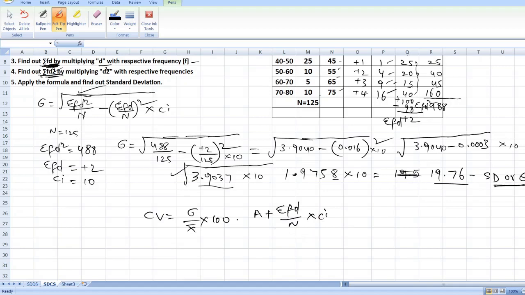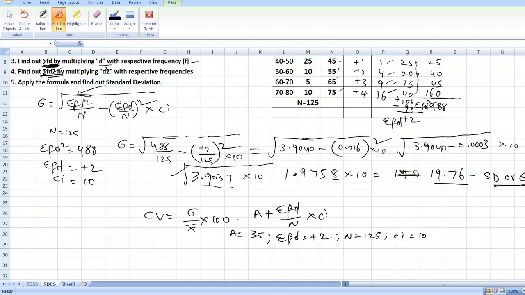We have taken assumed mean A equal to 35, summation fd equal to plus 2, n equal to 125, and class interval equal to 10.